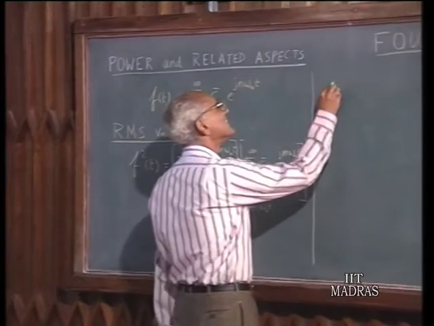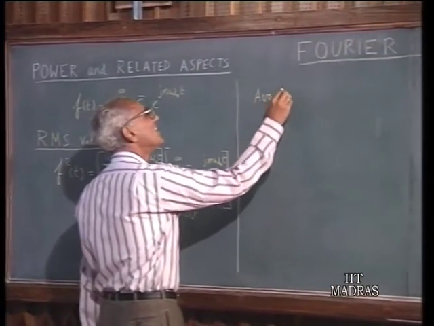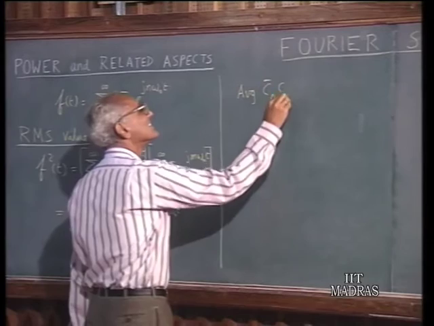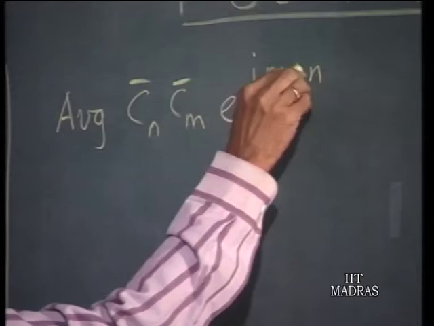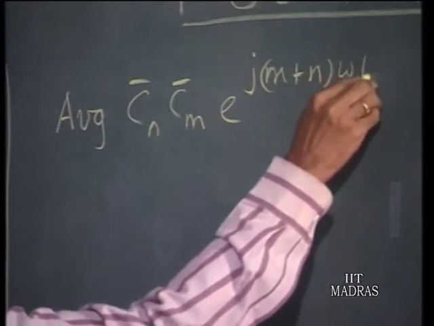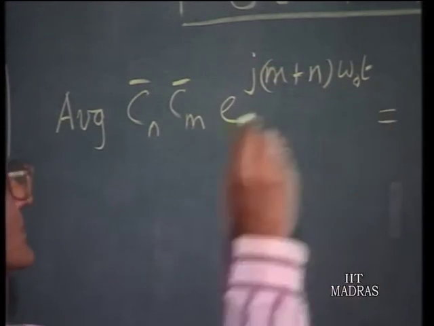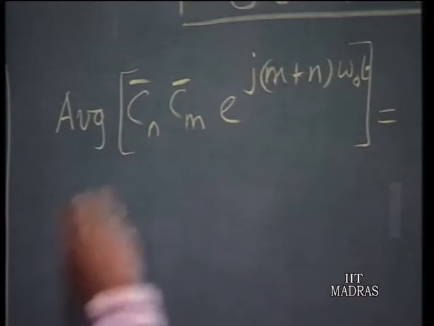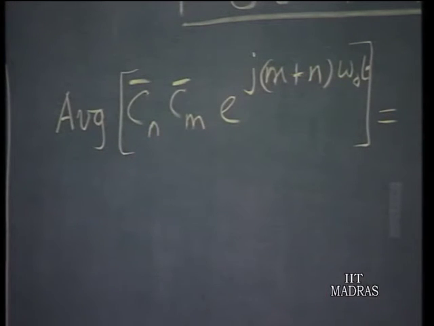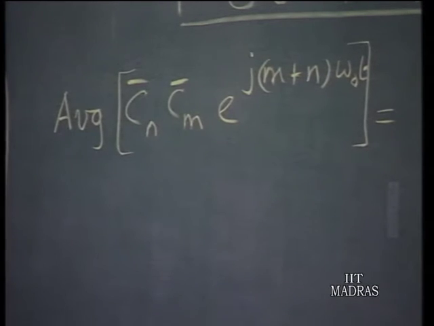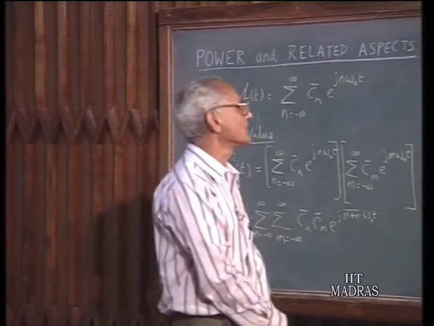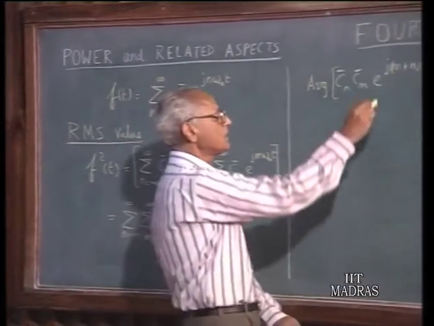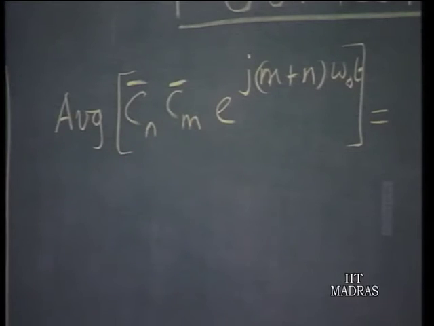Let us see the average value of Cn Cm e to the power of j (m plus n) omega naught t. What is it going to be? When we are talking about the average, we always understand that it is the average over a full cycle, a complete period of the fundamental. So this is the only time dependent term. Cn and Cm are constant. So what do we have?